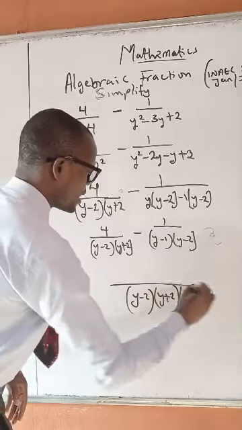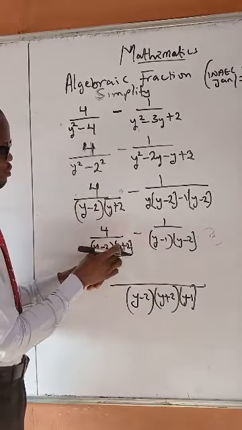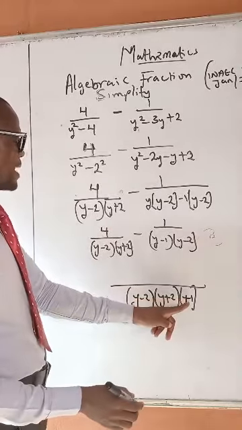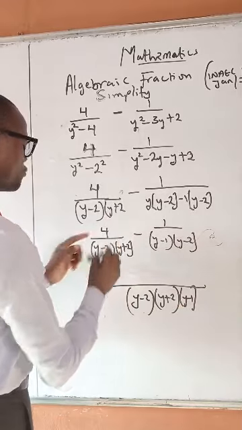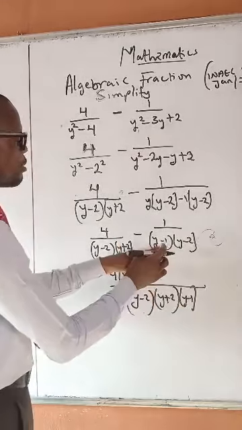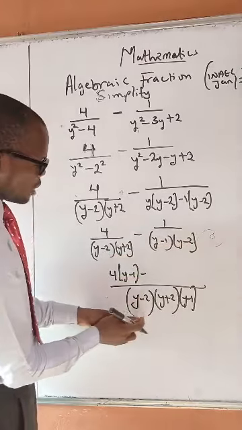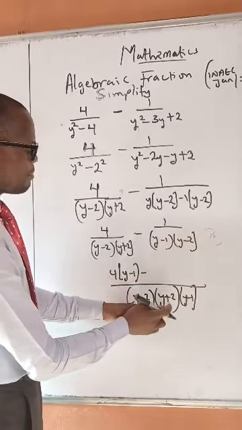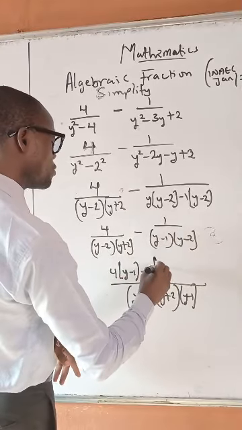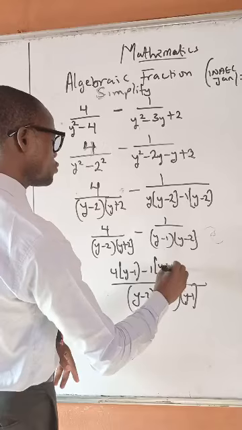Now from there, y minus 2, y plus 2, we go here, you are left with what? y minus 1. Multiply by your numerator, that's 4 into y minus 1, minus. y minus 1, y minus 2, we go here, you are left with y plus 2. Don't forget this one will be 1 into y plus 2.